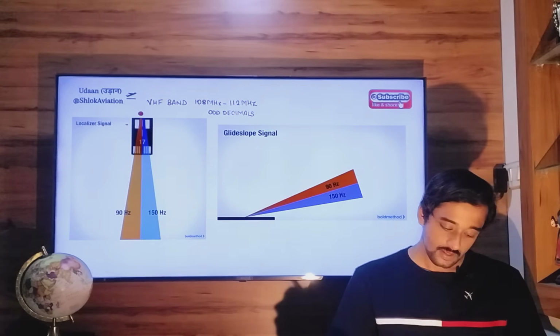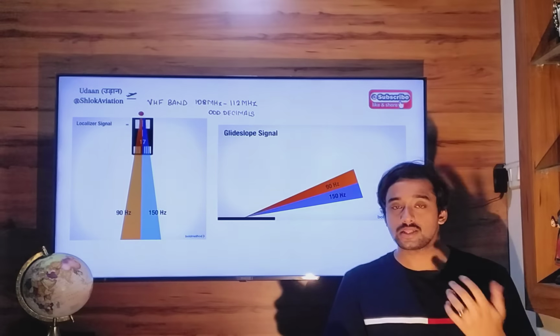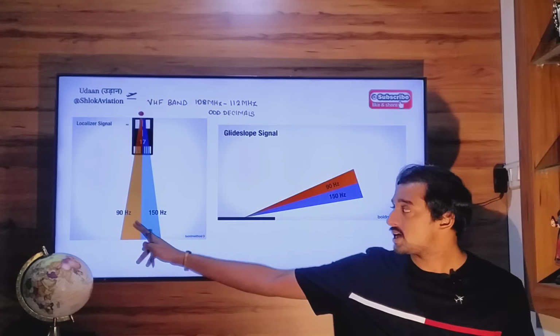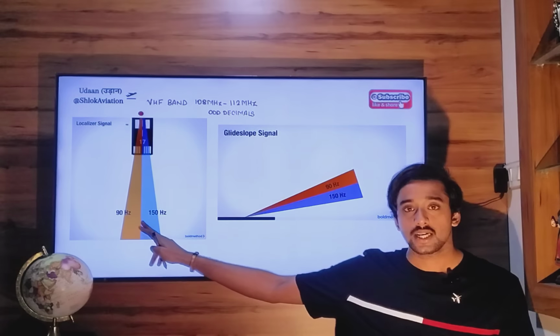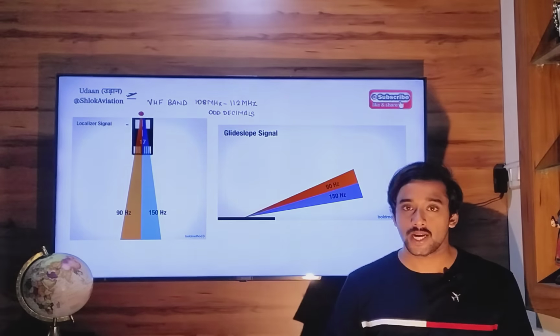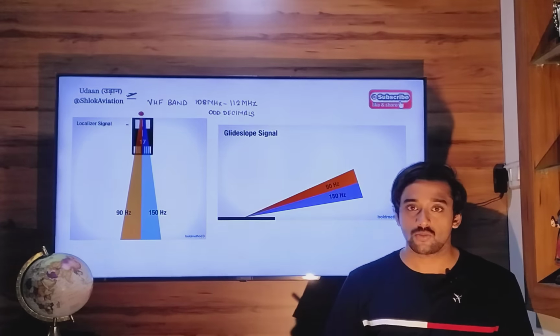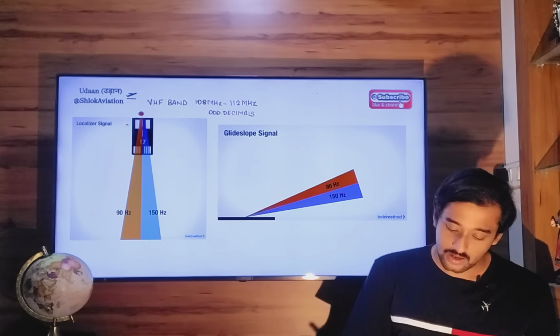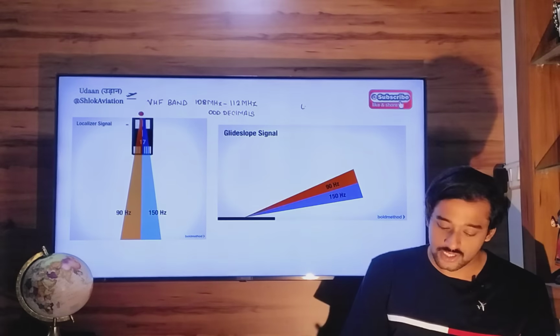Now the signal that is transmitted is amplitude modulated. The left hand side is amplitude modulated at 90 hertz, and the right hand side of the signal is amplitude modulated at 150 hertz. Similarly, your glide slope transmitter will transmit the glide slope signal on a frequency in the UHF band, from 328 megahertz up to around 335 megahertz.